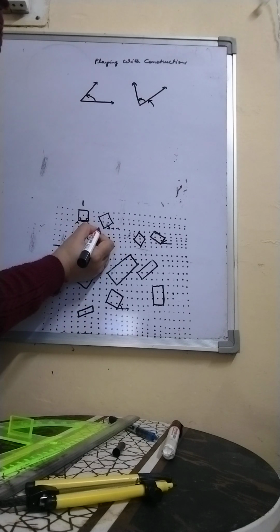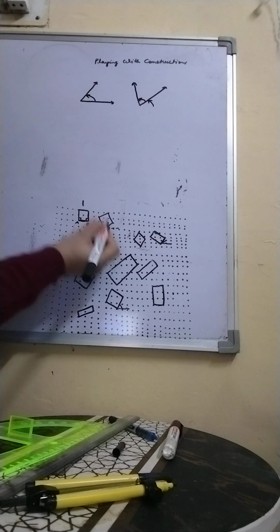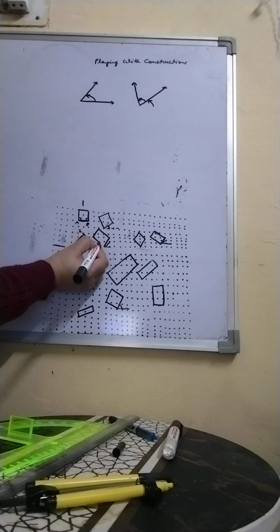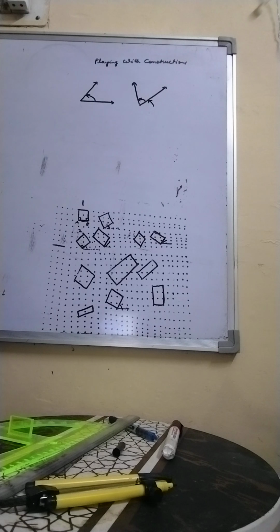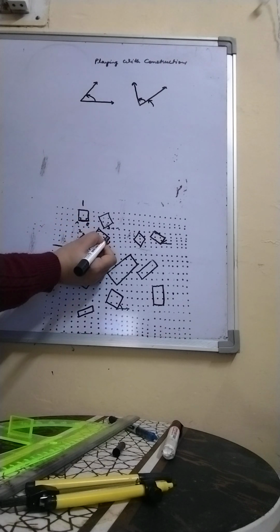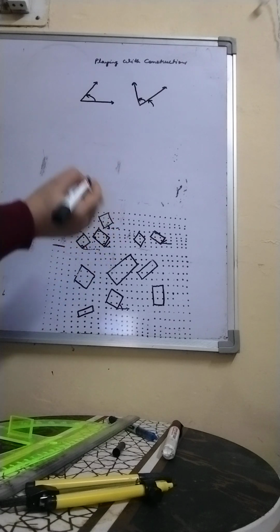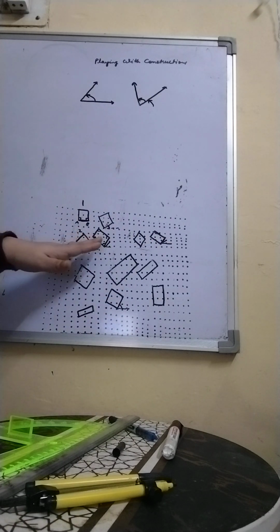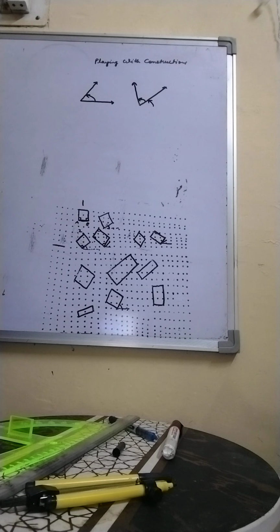Then joining the square at this angle. Then I get here and the last one here. So in this way you will get the 90-degree angle. Try it yourself by making a dot grid or dot paper if you have. So you would be able to get the squares at different angles.